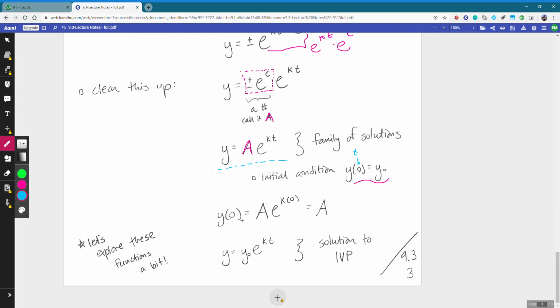And so y of 0 is A times 1, which equals A. That is what y of 0 equals. And from our initial condition, we need that to equal y naught. And so actually right there, no more work needs to be done. We found what our parameter needs to equal. It equals our initial value, y naught.